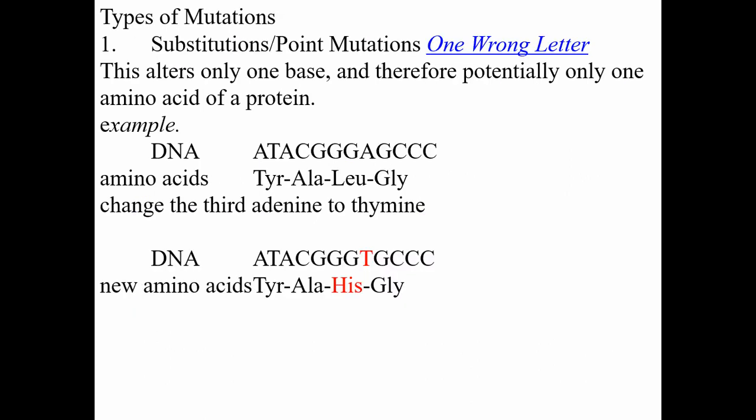So types of mutations, important for you to know these types of mutations. I have a very nice clip here that I'm not going to play for you, but just one segment of a PBS Nova series, if you want to take a look at this.